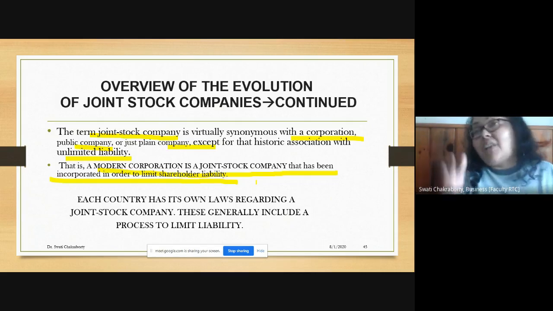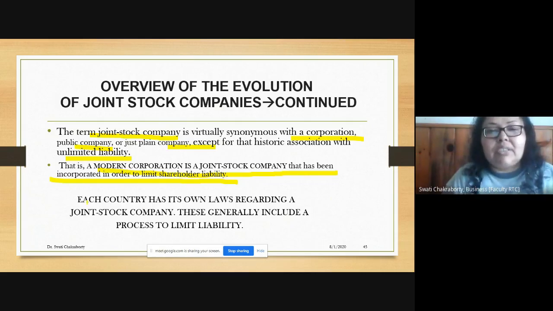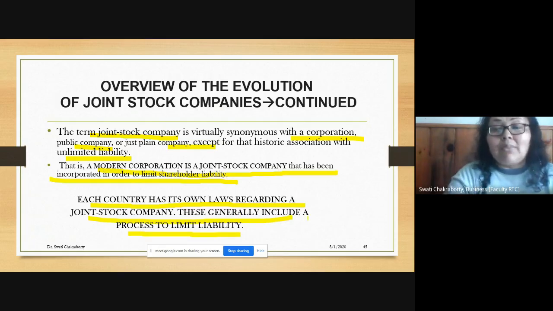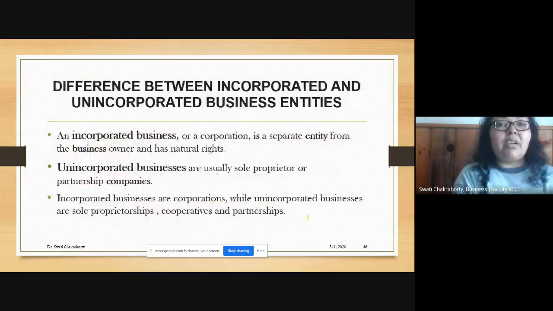You can still have shareholders investing money. And this is important: each country has its own laws regarding a joint stock company, and these generally include a process of limited liability. Okay, so what is the difference between incorporated and unincorporated business entities?